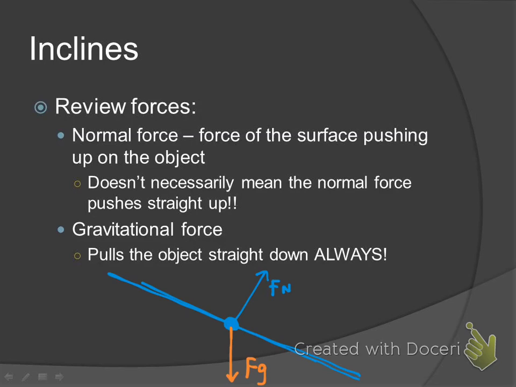Do those two offset each other anymore? No, they don't. They don't pull with equal strength in opposite directions. So that's a problem, right? We don't have things that are directly opposite of each other anymore.